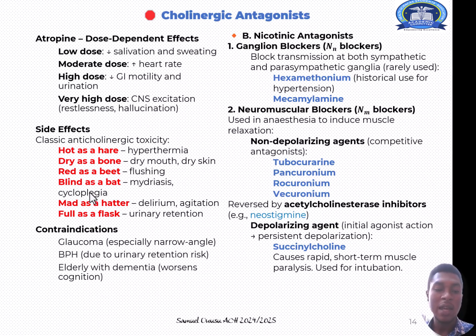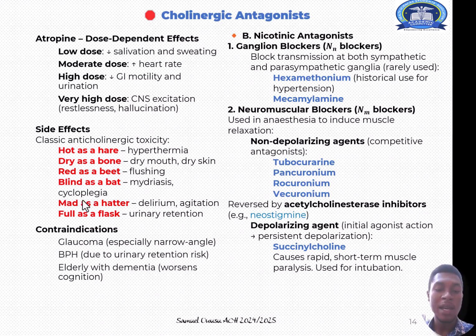Mydriasis. And then we have cycloplegia, which is when your eyes are unable to what? Accommodate. Remember, the parasympathetic nervous system tends to cause accommodation effects of the eye. And so when you block that, you get cycloplegia.